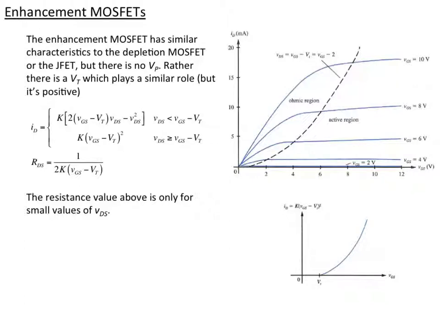So if VDS is VGS minus VT, then that defines this line. And the resistance in the ohmic region is given by 1 over 2k (VGS minus VT). You can see that has to be there from this. And the transfer characteristic looks like before, except we've moved everything onto the positive side of this plot now.